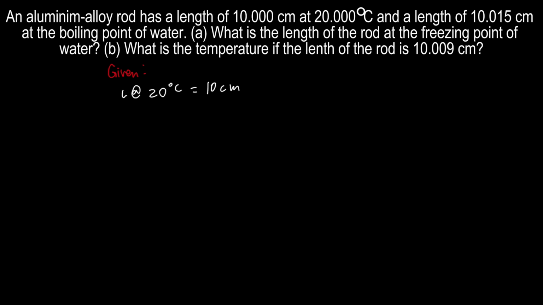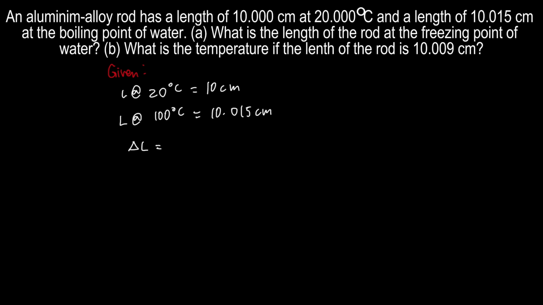Then the length of the rod at the boiling point of water, which is 100 degrees Celsius, is 10.015 centimeters. So here we can now calculate the change in L.